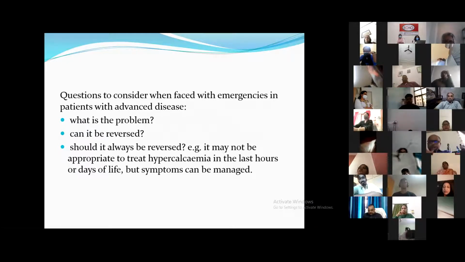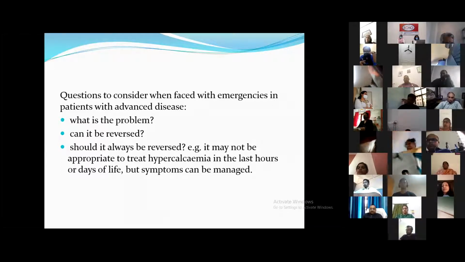Most of the other group of patients have advanced disease, so it is always better to ask yourself whether this condition can be reversed or can't be reversed. So if it is irreversible, it may not be appropriate to treat, like for example what I have mentioned over here, it may not be appropriate to treat this patient with hypercalcemia.